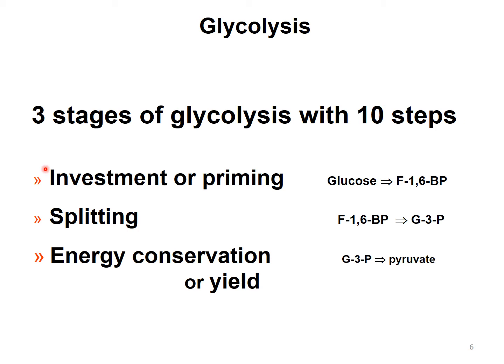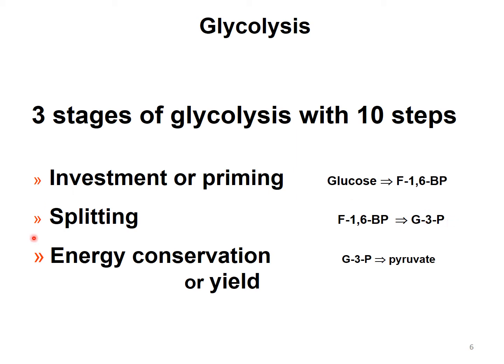Stage 1 is known as the investment or the priming stage, where investment of ATP is required to convert glucose into fructose 1,6-bisphosphate. Then in stage 2, you have the splitting of fructose 1,6-bisphosphate, which is a 6-carbon sugar, into two 3-carbon sugars, which is the glyceraldehyde 3-phosphate molecule.